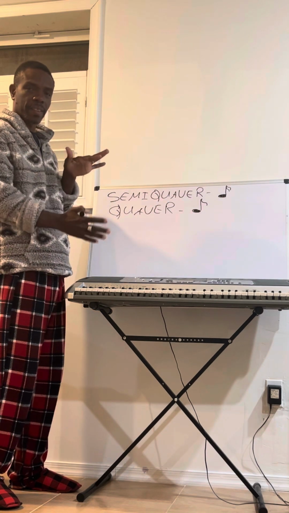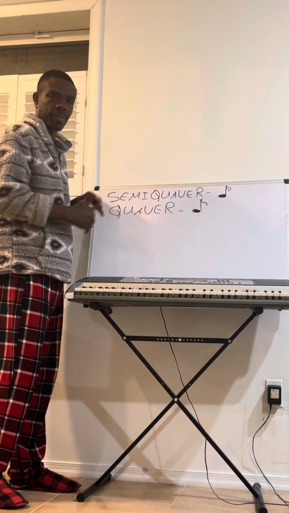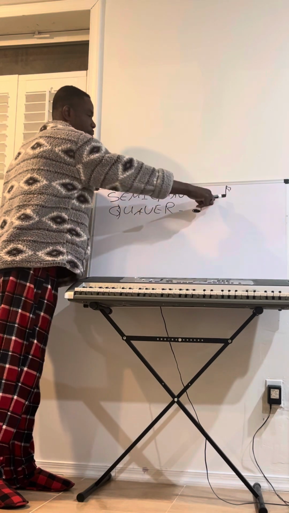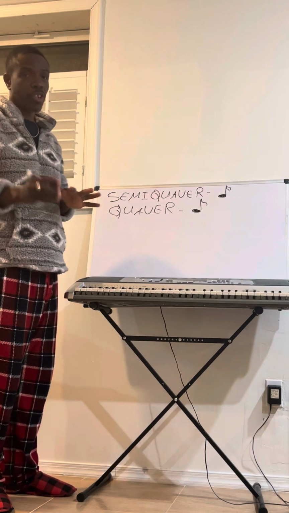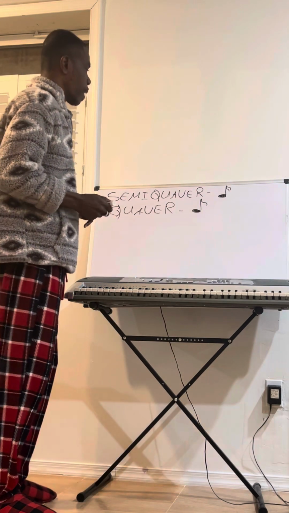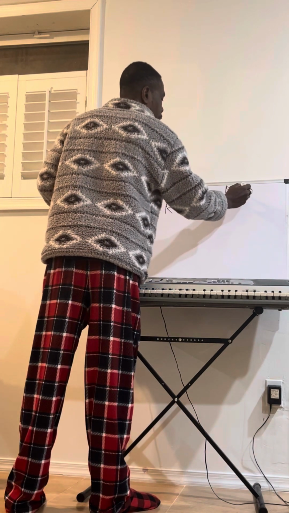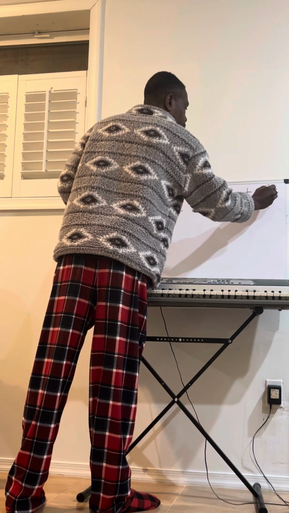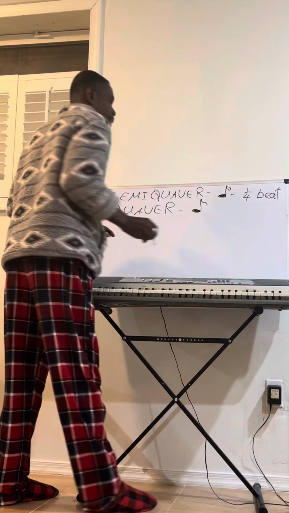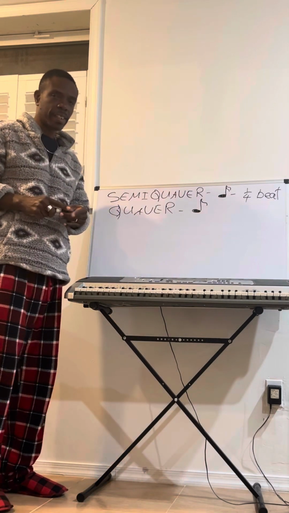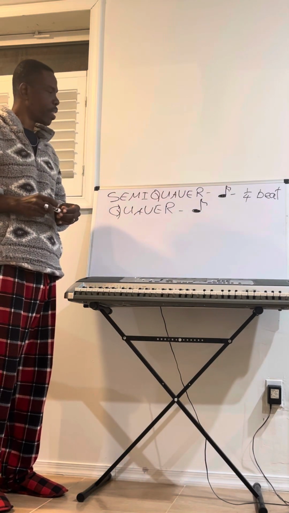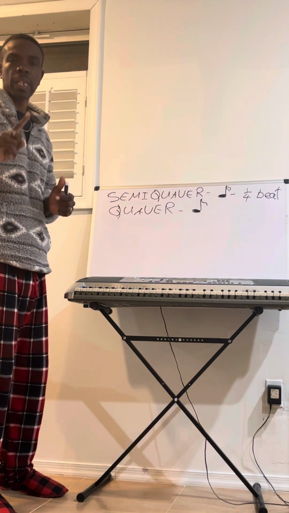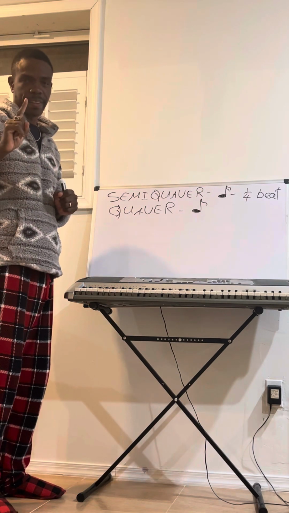Remember we had that pattern where we did note time values? So this is another time value. It's a shorter note, and it gets a quarter of a beat. So four semiquavers will make one beat.